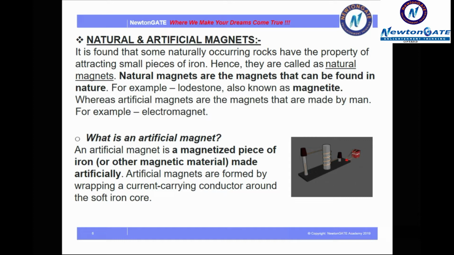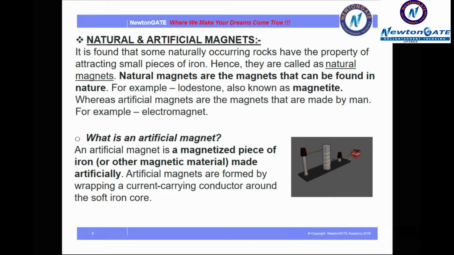So how are artificial magnets formed? They are formed by wrapping an electric current carrying conductor around a soft iron core. In the picture beside, you can see that whenever the current is flowing from the battery, the light gets on, and it's so interesting that the clip pins are getting attached to the iron bar.